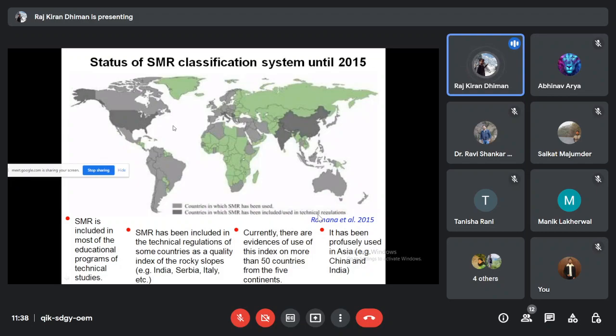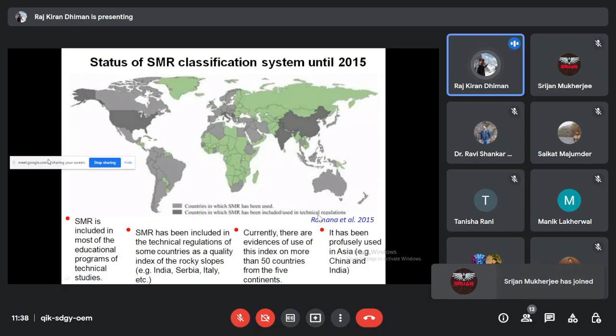For example, you all in your bachelor BSc third year, you must have studied this classification system. So nowadays it is very widely used across the continents, and it has a very good output in the preliminary stages. Actually, I would say this classification system is used in the very beginning of any project. Let's say if we have to develop some highway, this classification system will be used in the very early stages, so that we can get an idea that these are the slopes.